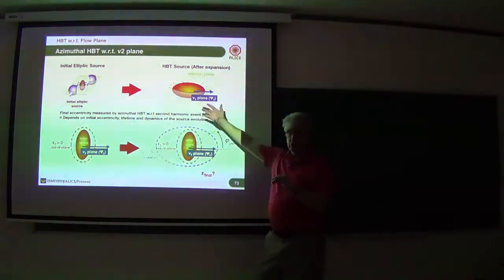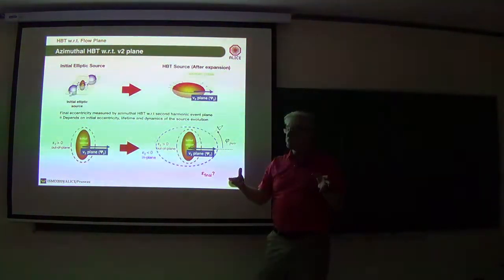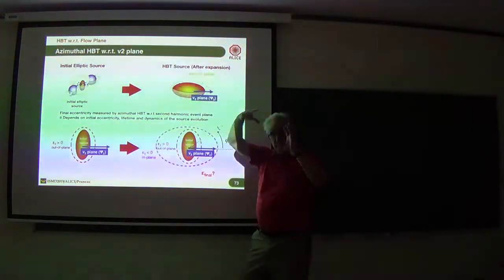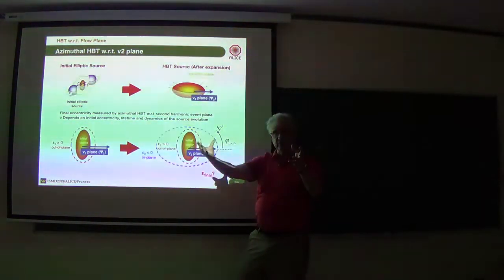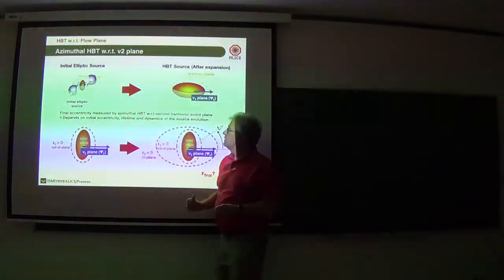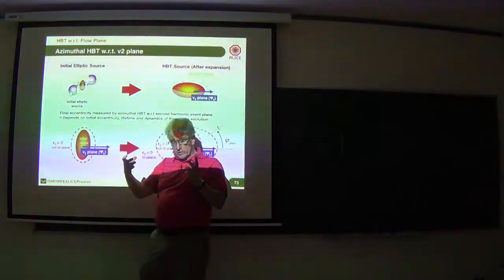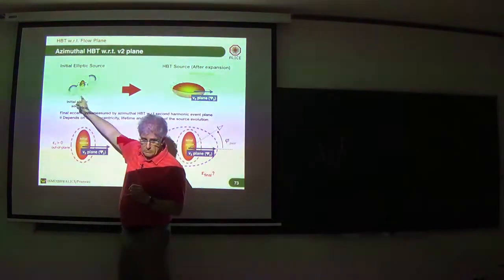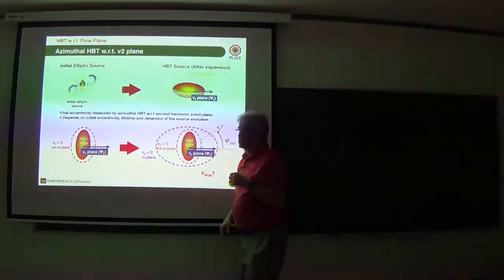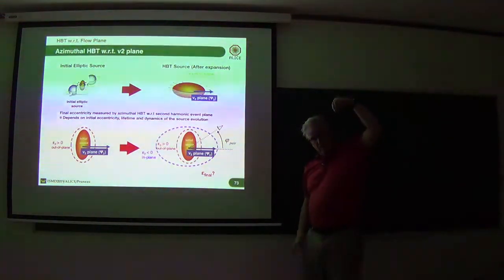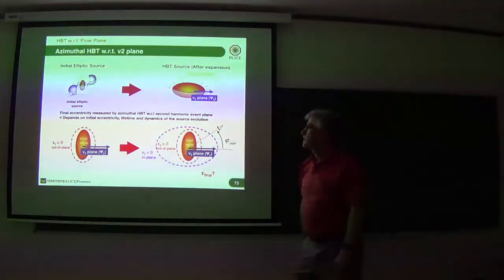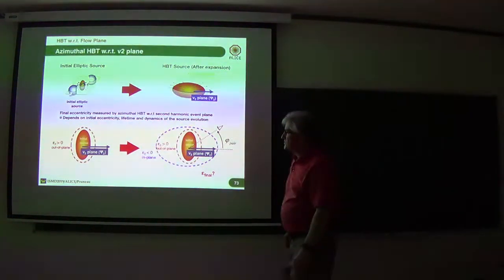HBT is determined by the last interaction point of the pions, so HBT tells me the shape of the fireball at the very end of the evolution, and the amount of V2 that I have in the system tells me the shape at the beginning of the evolution of the system. And so I can then look at how V2 is influencing the final shape. And so that's the idea.